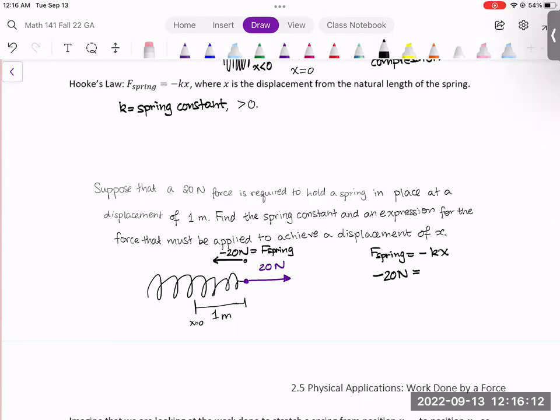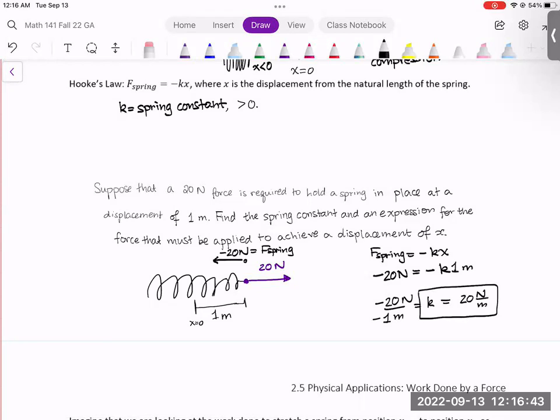And we had negative k, and then our displacement was 1 meter to the right. Solving for k, we get negative 20 newtons over negative 1 meter equals k. Rewriting this a little bit, we get 20 newtons per meter is k.